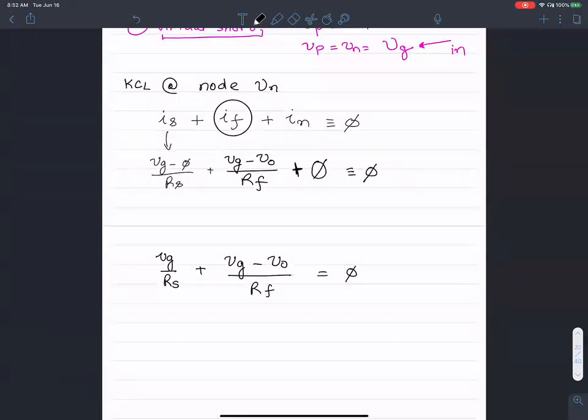Okay, so I can factor out VG in here. I'm going to get 1 over RS plus 1 over RF. That's factoring out VG. I'm left with V0 over RF. All of that equals to 0.